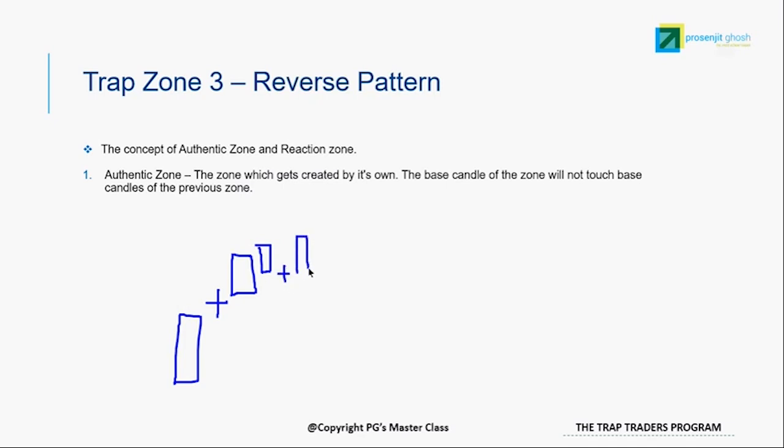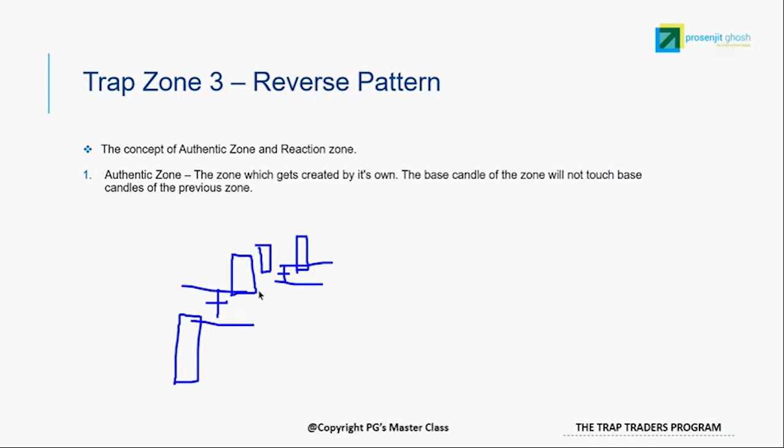If I want to check whether it is reaction or authentic, I need to check whether the base candle of this particular zone is touching the base candle of the previous zone.